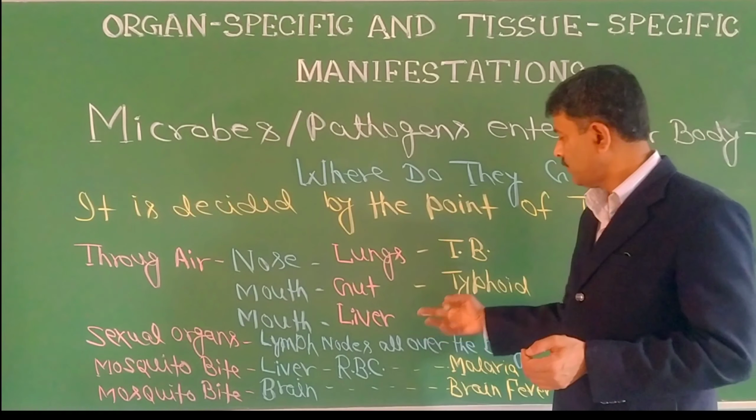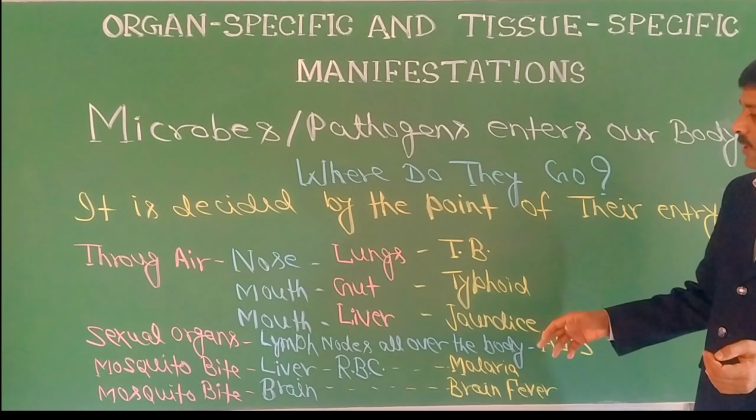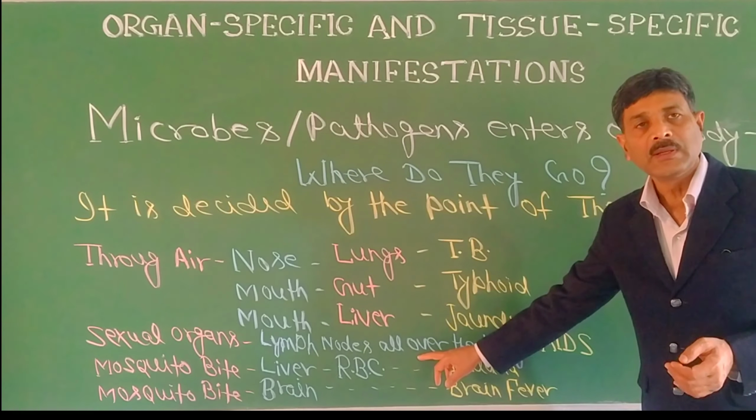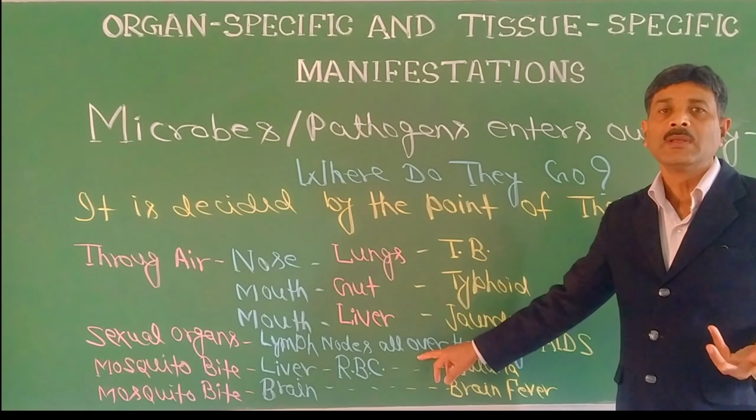In case of HIV, they enter through the sexual organ and distribute throughout the body, and start damaging our WBC. That means it destroys our immune system, our defense mechanism, causing AIDS.